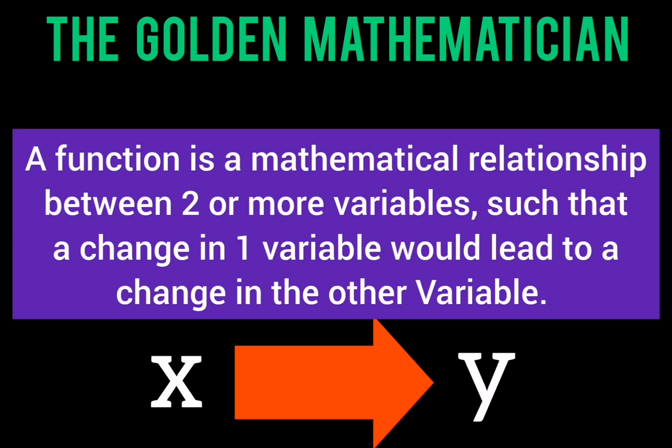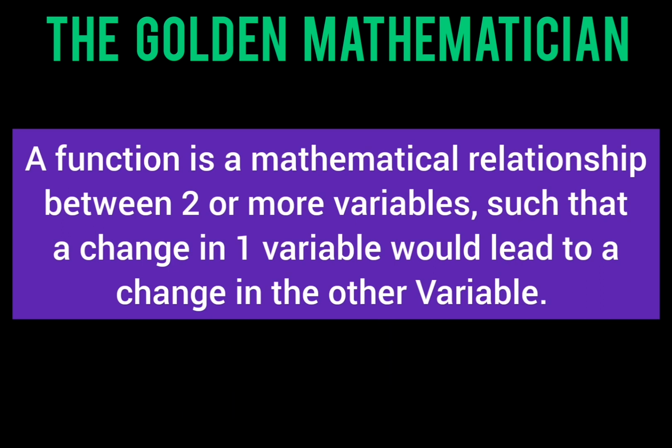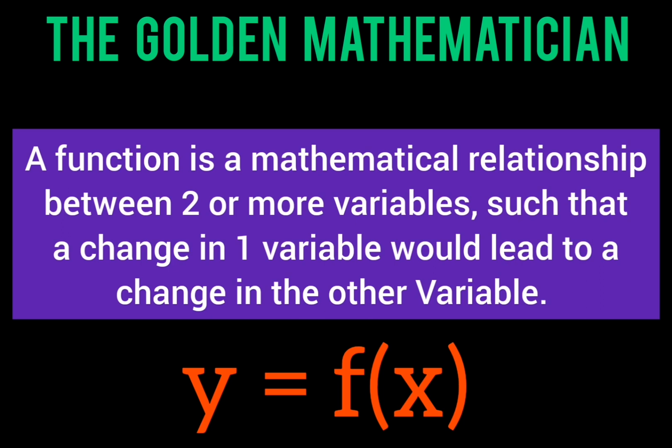The moment our x changes, our y is also going to change. That way we can say, oh, fine, we found a function. Y is going to be called a function of x, which mathematically would be written as y is equal to f of x. F of x, which is pronounced as f of x, simply means that y is a function of x.